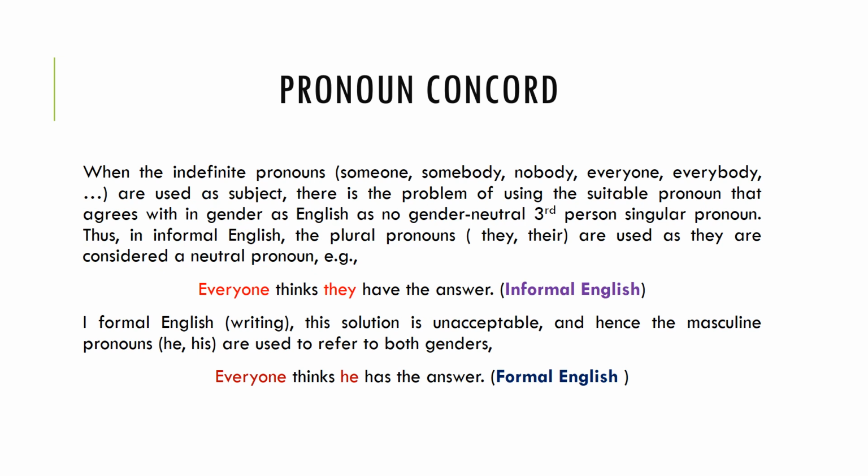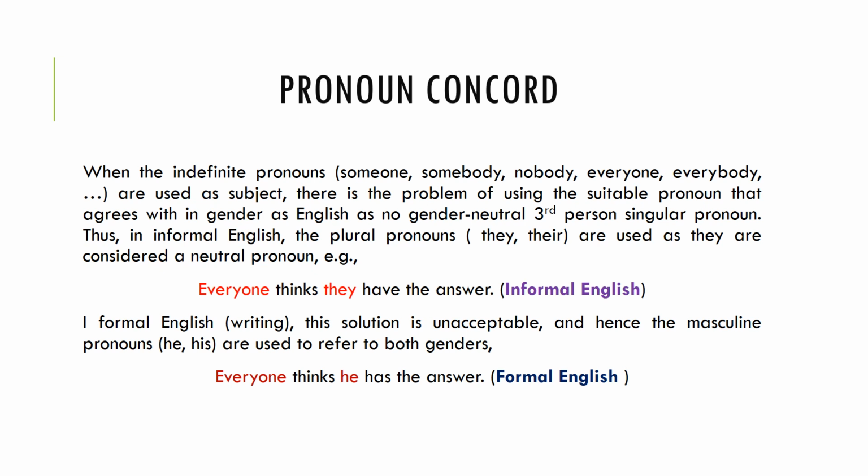For example, someone, somebody, nobody, everyone, everybody, and so on. When these pronouns are used as subject, there is the problem of using the suitable pronoun that agrees with them in gender, because English has no gender neutral third person singular pronouns. So how can we solve this problem?